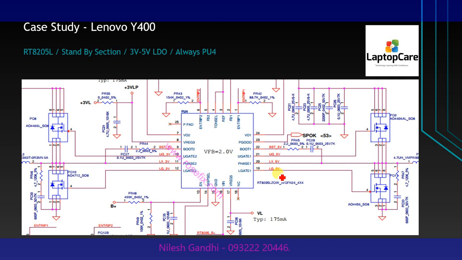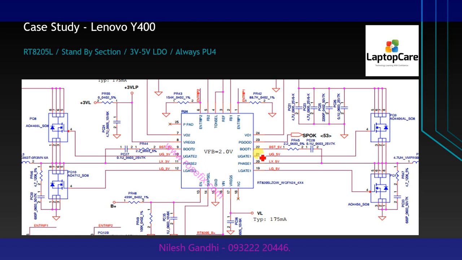So at present we assume that the IC is bad, and before proceeding further, the schematic which I found was not matching the motherboard. It was release revision 0.2 and my motherboard revision was 1.0, but many of the sections were matching, so we decided to go with this particular schematic diagram and test further.